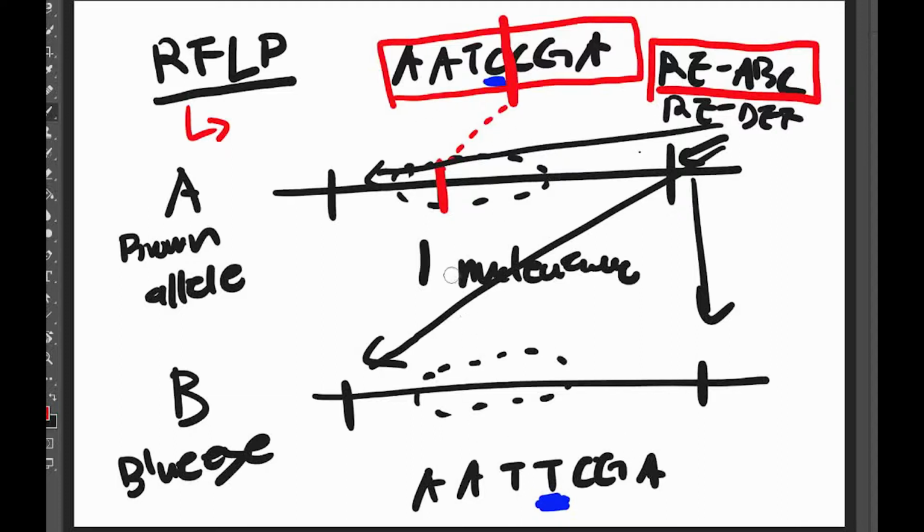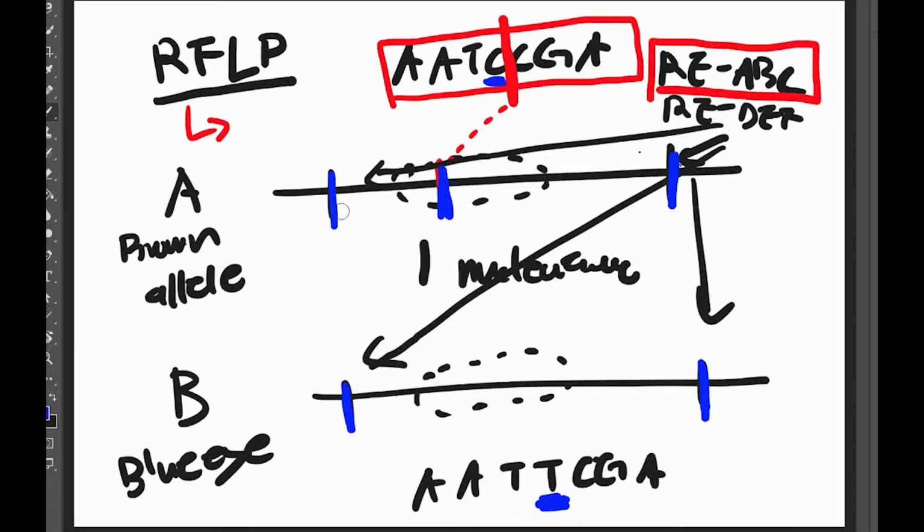So after we have added this restriction enzyme ABC, this person is going to have cuts once, twice, and thrice. But in the case of individual B, this person will only have cuts twice.